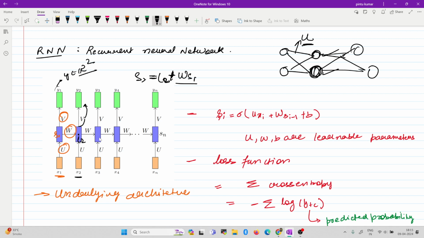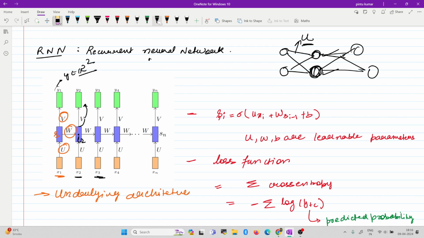Now when you go for X3, you again multiply this by W, and you pass on the output that you obtain from here, and this way you obtain your S3. Okay, so this is how your RNN works.